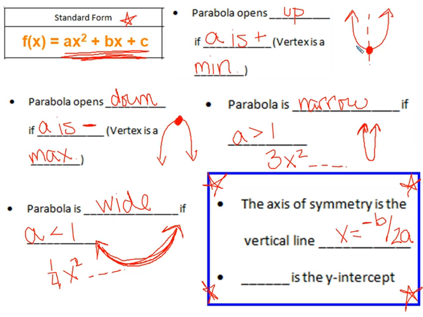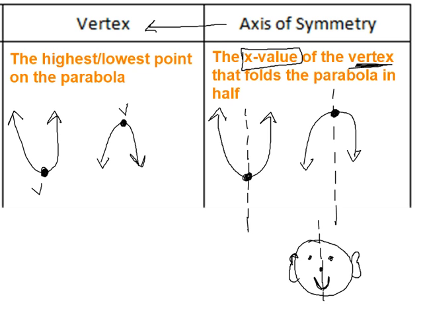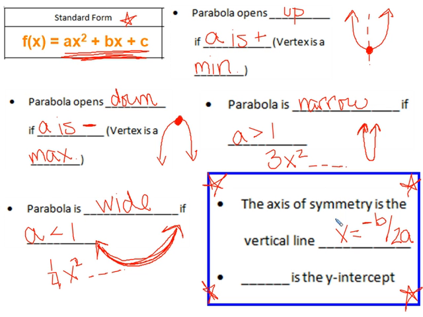Remember, vertical line, just like what we had here. If we go back to our vocab, the axis of symmetry is the x value, so that's why it says x equals. And we're specifically going to use this little formula, the opposite of b over 2a, to help us find the x value of the vertex.